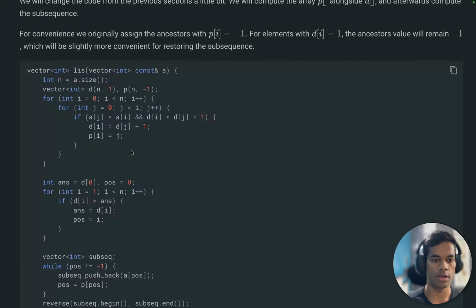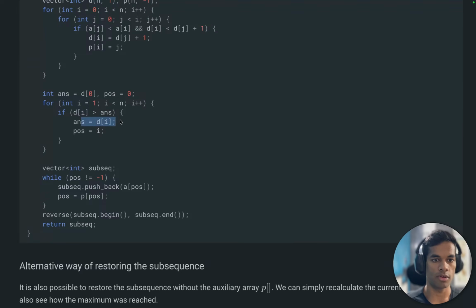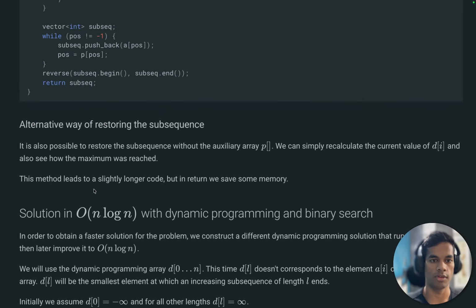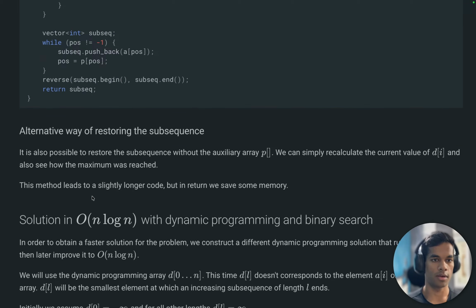Everything would initially be equal to -1, and then for the answer we are finding the maximum value, and where we get that maximum value. Using that position we just backtrack and find the sequence which gave this thing.